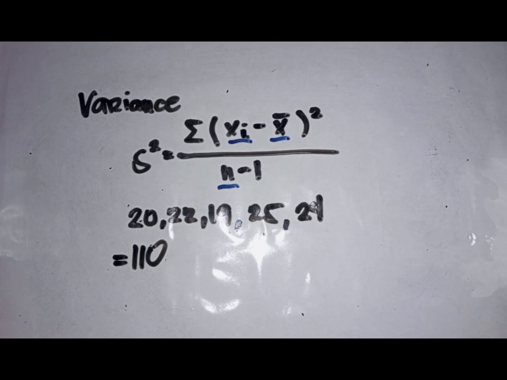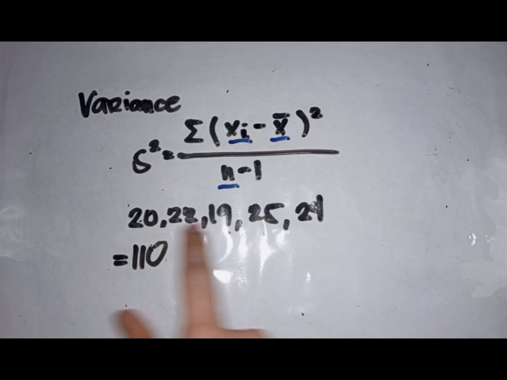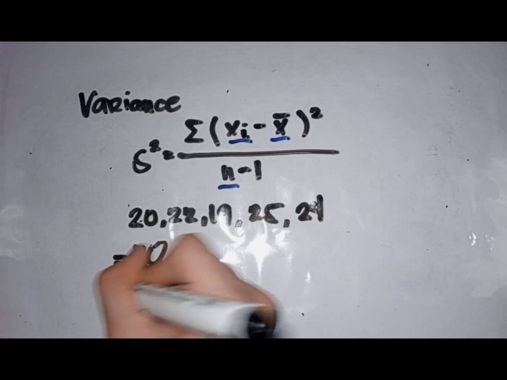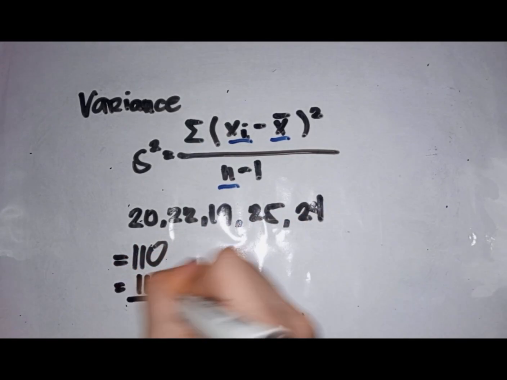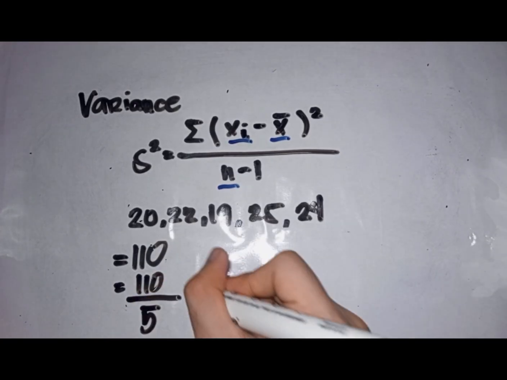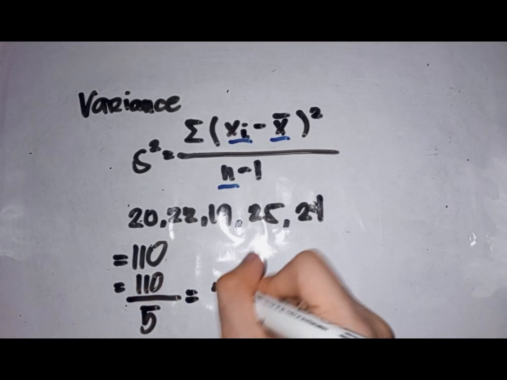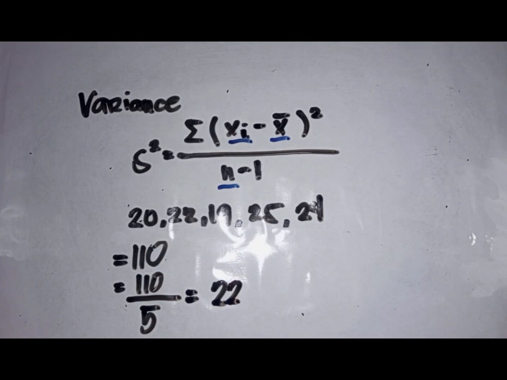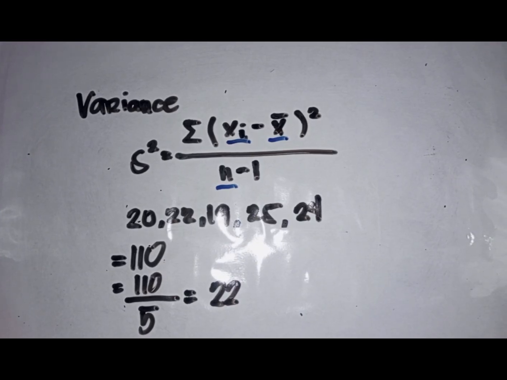Divided by the number of values, which is 5, is equal to 22. So the mean temperature is 22 degrees Celsius.